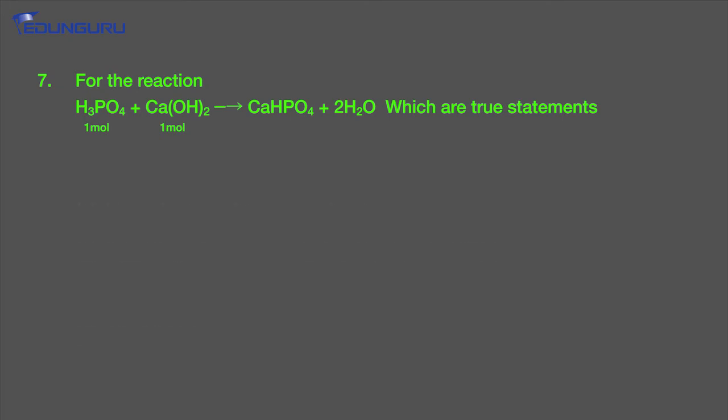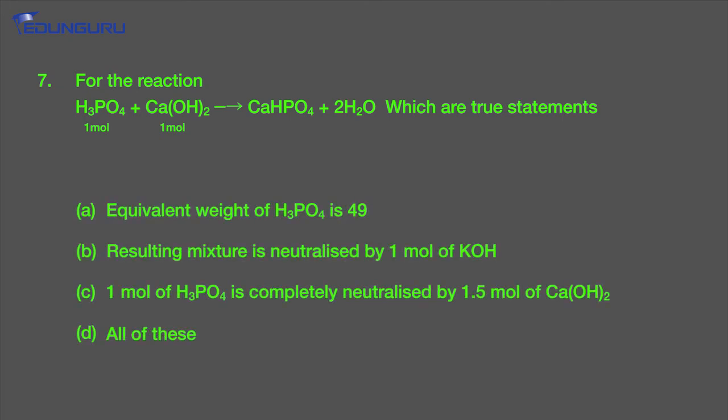Your options are: A, equivalent weight of H3PO4 is 49. B, the resulting mixture is neutralized by 1 mole of KOH. C, 1 mole of H3PO4 is completely neutralized by 1.5 moles of calcium hydroxide, and D, all of these.